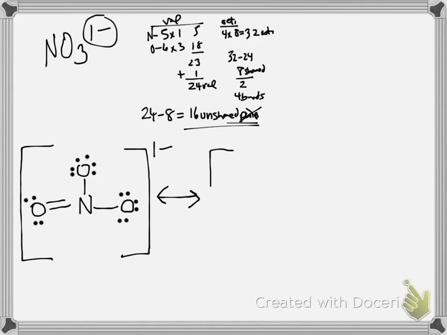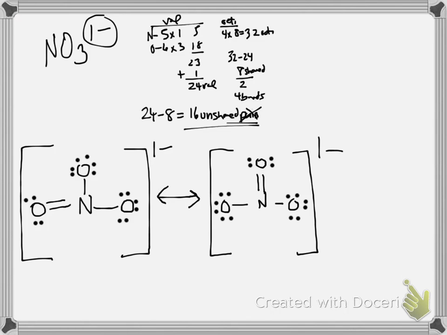So double-headed arrow, yet another set of brackets. And we have to draw that double bond in every place that it could potentially exist. What? Did somebody just say that? Yeah, I did. Okay. Are we done? No, one more.